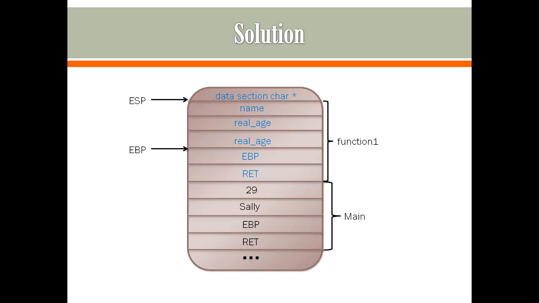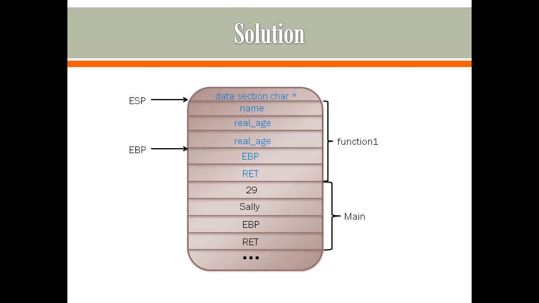When executing the main function, the return address and EBP are placed on the stack. When we go to call function 1, we push the arguments on right to left, so we first push on Sally and then the value 29. We also push on the return address.